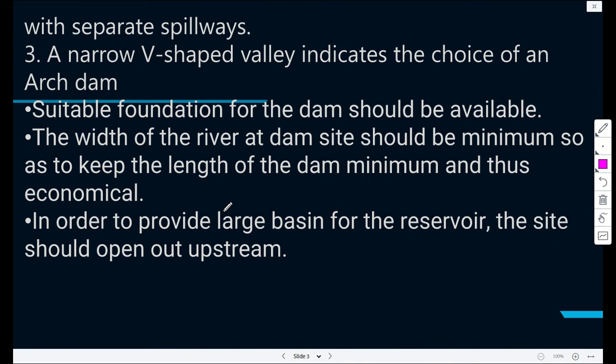Once you find the topography is good, if this is the structure that is going to impound the water, and this is the cross section, you still need to be concerned about the status of the foundation, because of course water would want to escape.